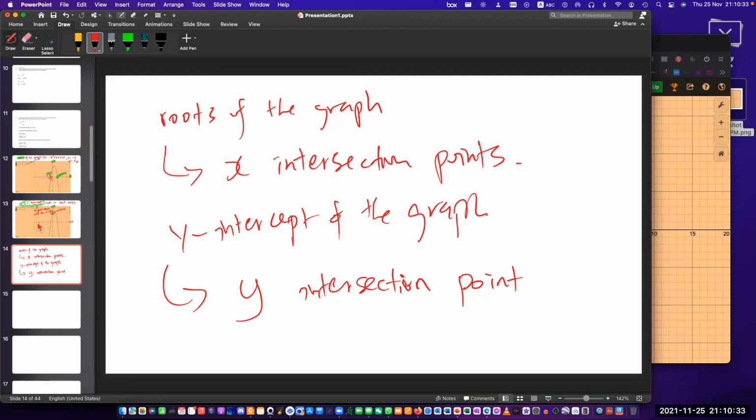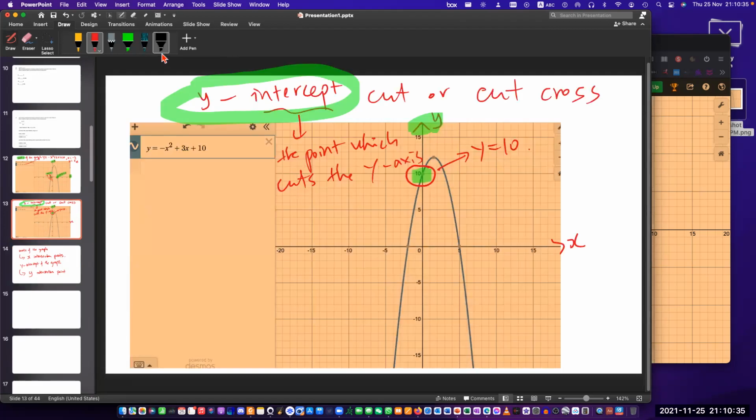If you look at the graph here, can you see y equals 10 is the y-intersection point? This is the y-axis, right? So the y-intersection point is y equals 10. So are you clear?